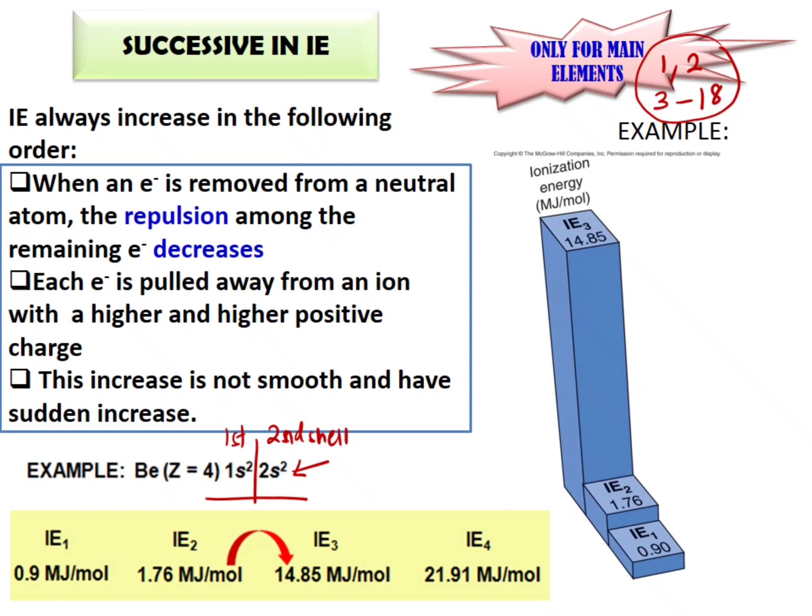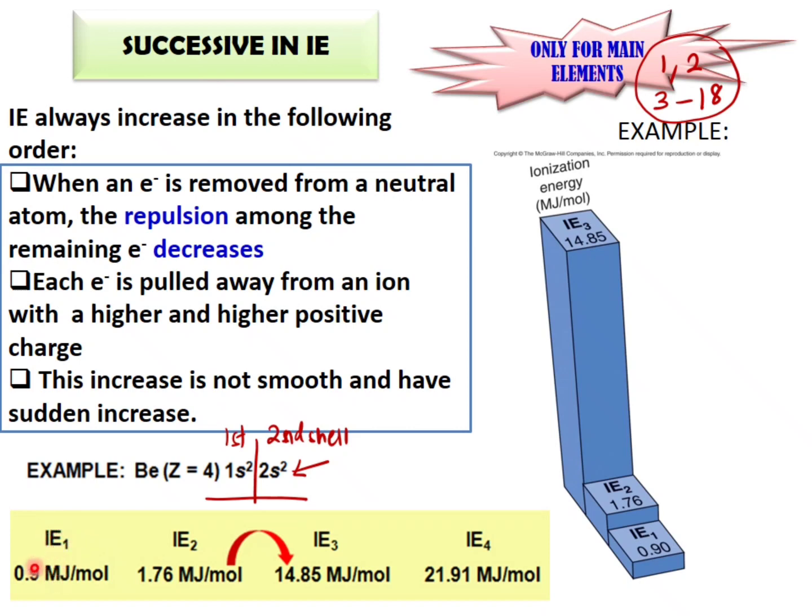Betul? And then if you remove the first electron, it must come from the 2s shell atau 2s orbital. The second electron is also removed from 2s. Nampak? So katakanlah first electron removed, tenaga yang digunakan untuk buang elektron yang pertama, kita panggil first ionization energy.